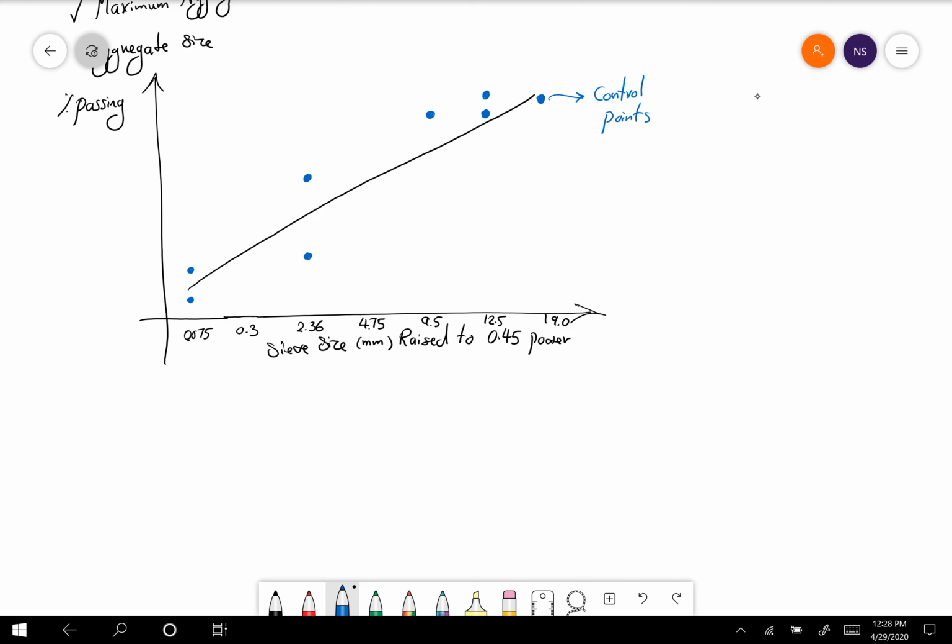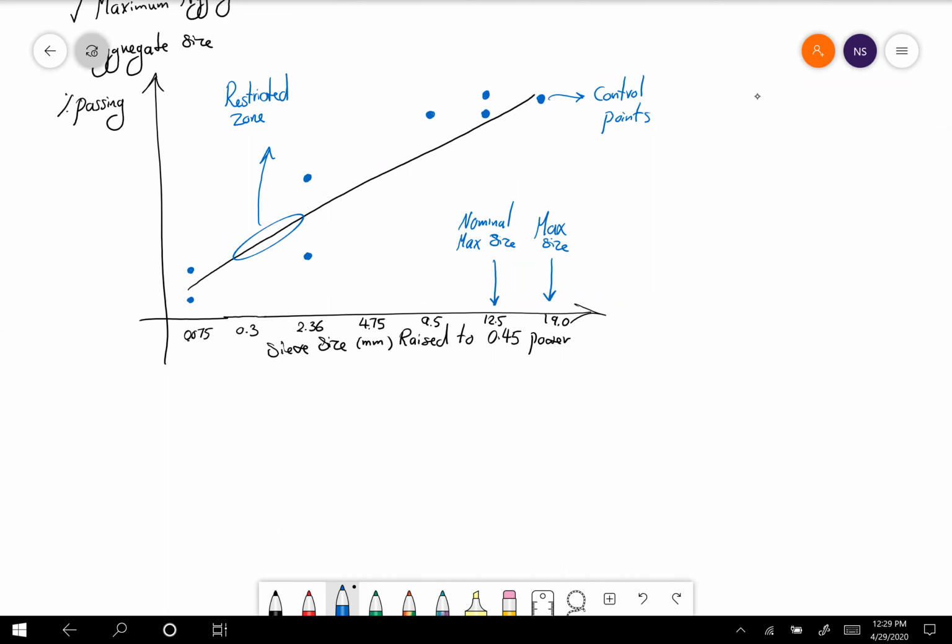And then from the previous definition, let's say this, as an example, can be the nominal maximum aggregate size. And then one sieve larger than that should be the maximum aggregate size, right?